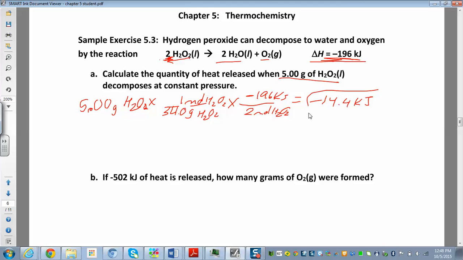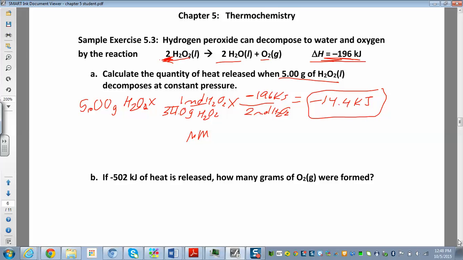Okay, so that's how much I would get for 5 grams. You have to go from grams to moles using molar mass. You guys remember how to figure out molar mass. And then moles to kilojoules using this chemical equation, so you're just pulling out the stoichiometric coefficient and that number there.